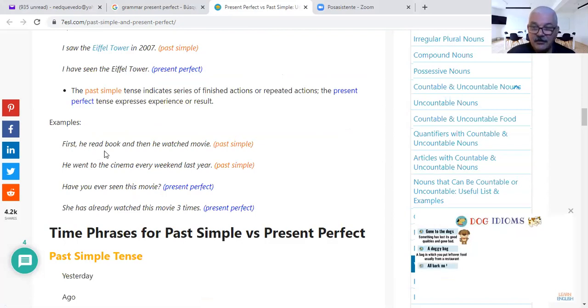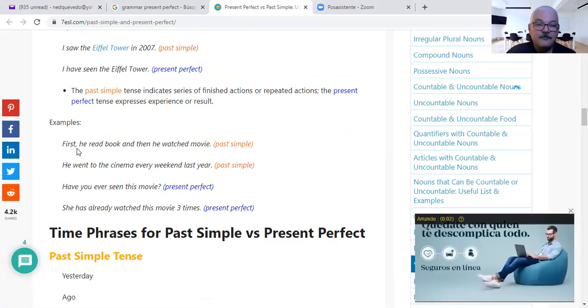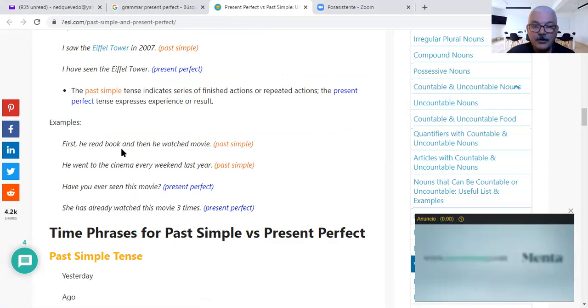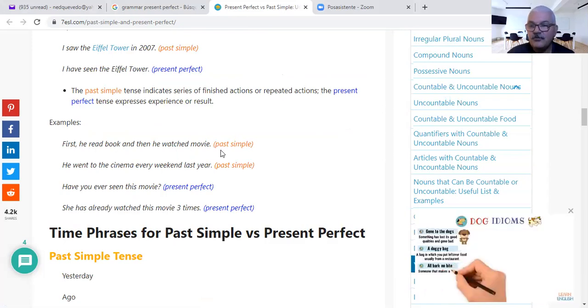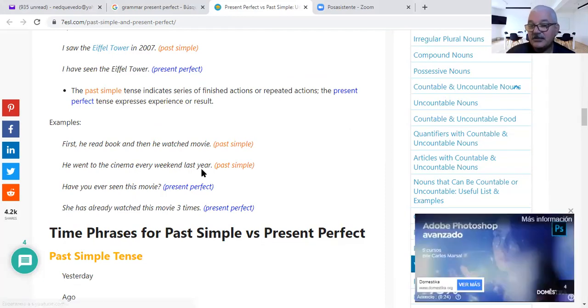Notice that it could be read in the present, but it is read in the past. First, he read a book and then he watched a movie. That's completely in the past. He went to the cinema every weekend last year. That belongs to last year, not to this one.